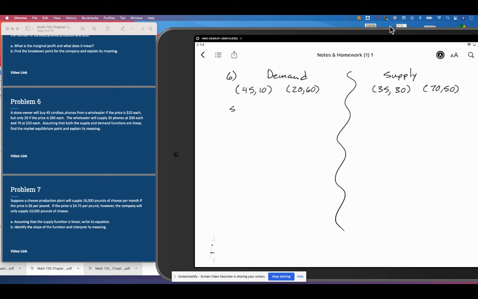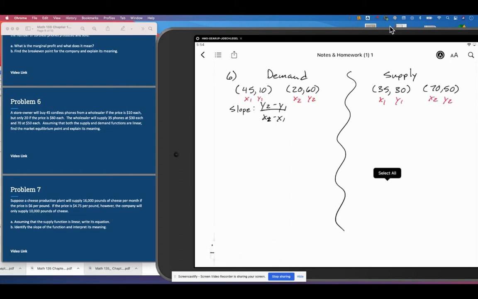So for both of these, to get the point slope form, we will need a slope, y2 minus y1 over x2 minus x1. And I'm going to go ahead and label points because I haven't done that yet. x1, y1, x2, y2.